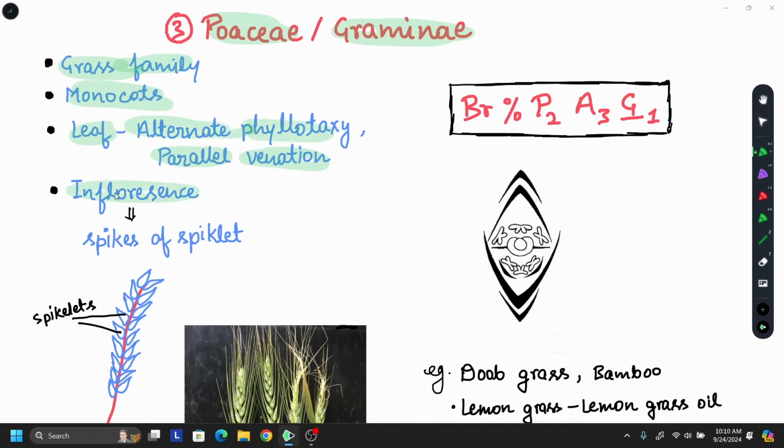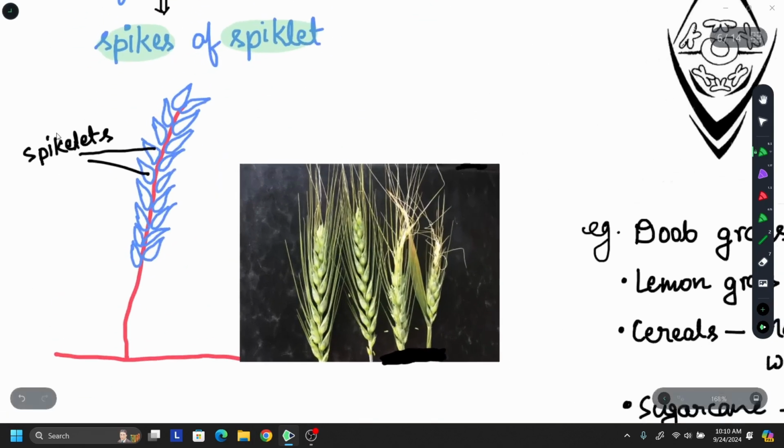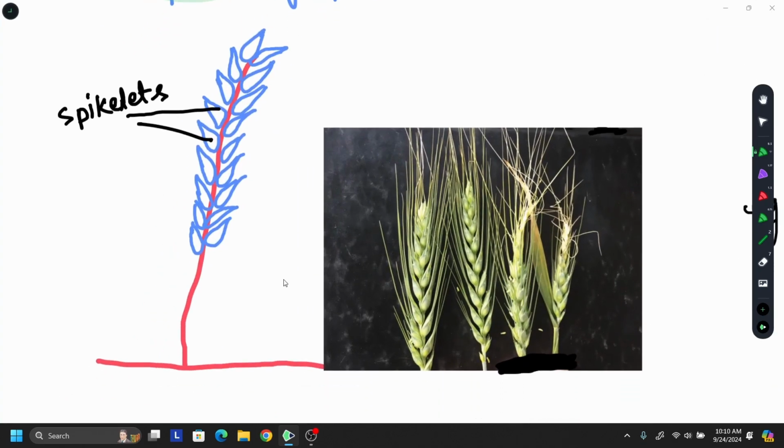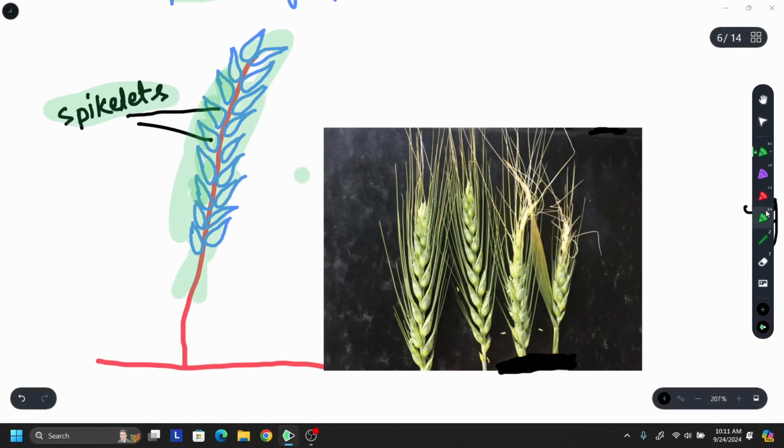Okay, inflorescence here is also a special type called spikes of spikelet. It is something like this. You must have seen this in the wheat plant. The seed of wheat comes in these small packets, which are called spikelets, and this whole thing is called a spike. So that's why we call this spikes of spikelet.